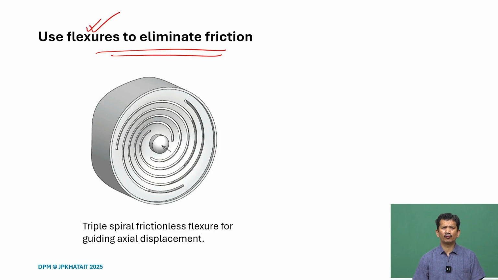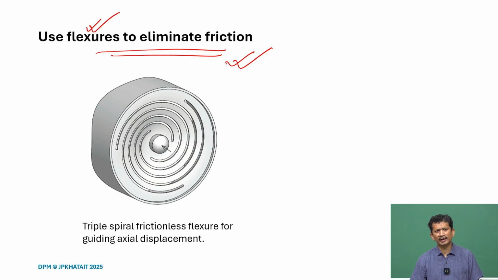This is one topic we will be covering in detail in this course: different kinds of flexures, compliant mechanisms. The idea is to eliminate friction related issues so that we can get rid of the white noise, the randomness in the design, and that way achieve high repeatability.